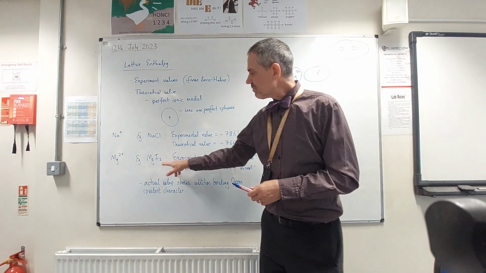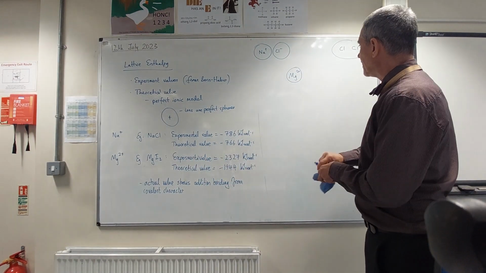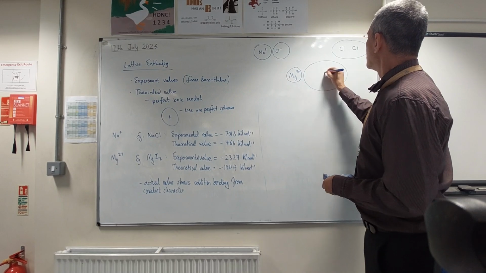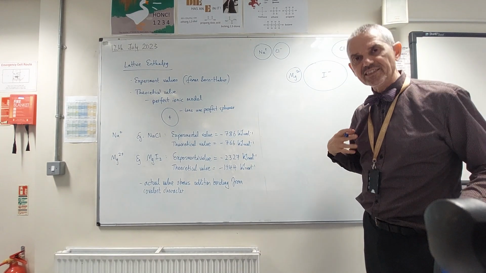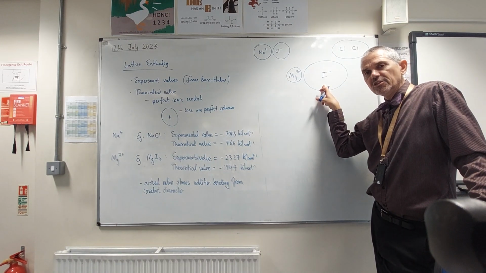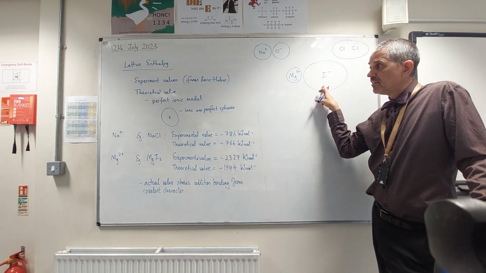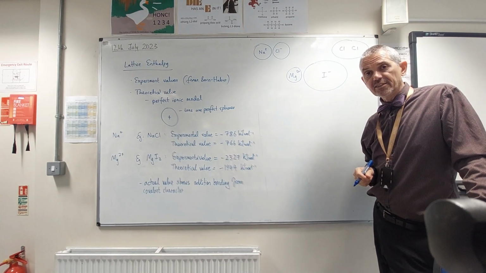And the effect is magnified if the ion is bigger. So because the iodide ion is much bigger than the chloride ion, we'd expect the iodide ion to be much more polarized than the chloride ion can be.